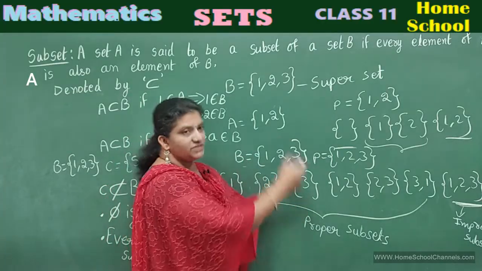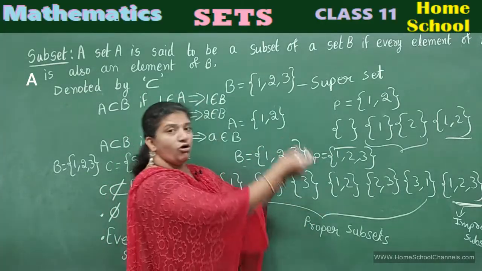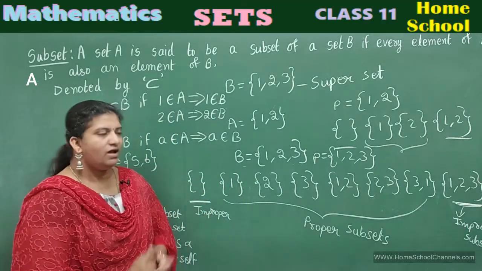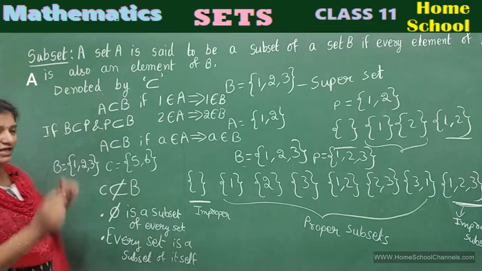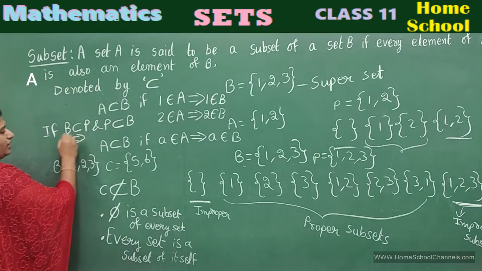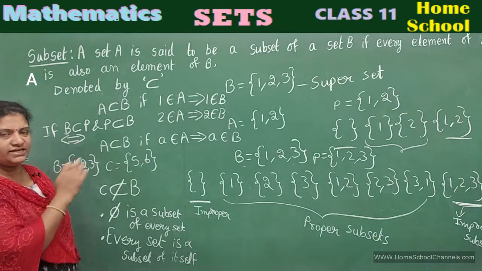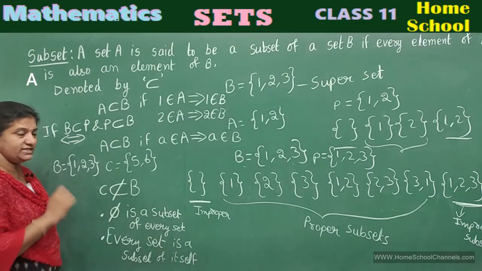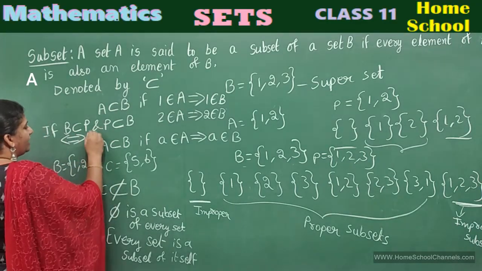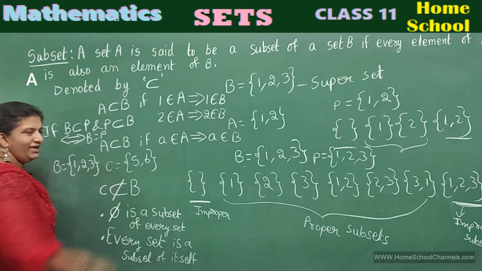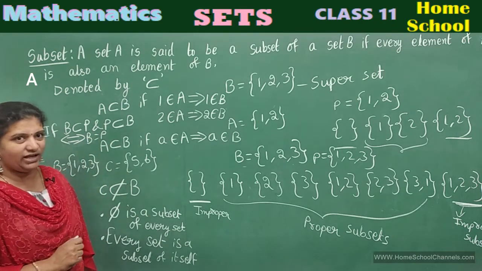B is a subset of P and P is also a subset of B. Then what can I say? This two-sided arrow, implication, what does it say? If both sides hold, I can say B is equal to P. Both the sets are equal.